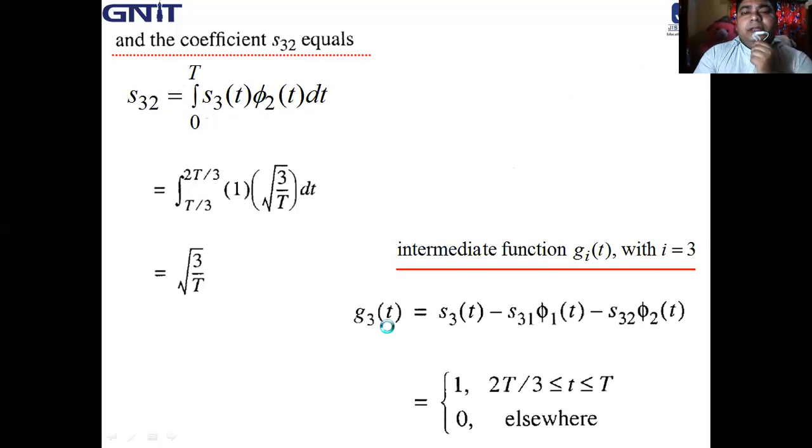So we know the amplitude of S3(t), and this part S31 phi 1(t) is 0, and S32 phi 2(t) we know the value using this. So g3(t) is 1, where t belongs to 2T/3 to T, and elsewhere it is 0.